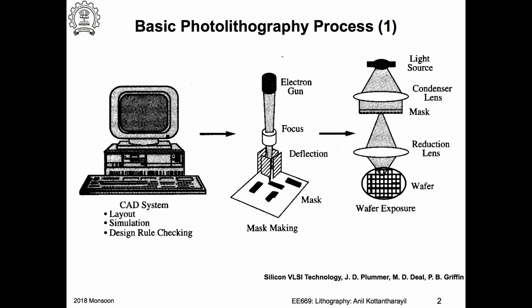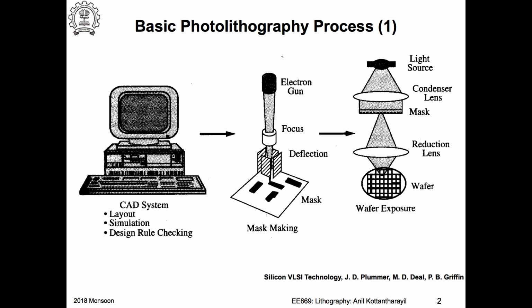If you are familiar with photography, not the kind that you do with your mobile phone, but maybe you have not seen this, we used to have cameras with film rolls, where exactly the same thing happens.